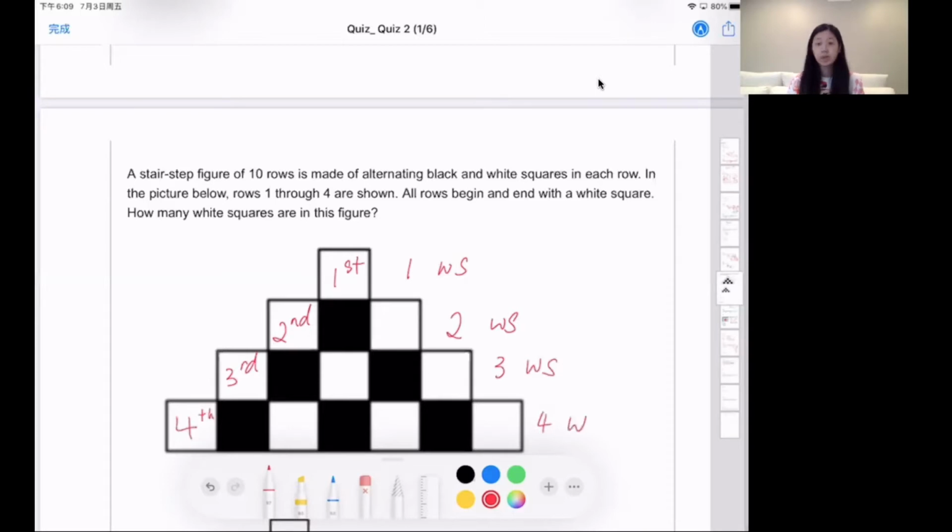So we can know fifth, 5 white squares, sixth, 6 white squares, and then until 10 rows. So what we get is 1 plus 2 plus 3 plus 4, 5, 6, 7, 8, 9, 10, okay?